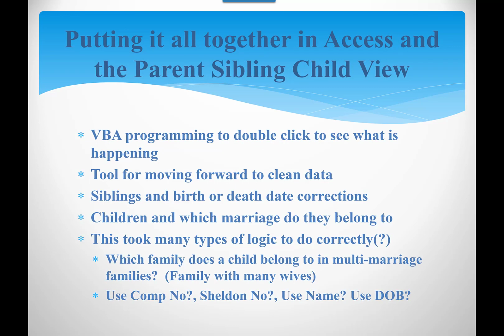Now, Access allows building forms showing a married couple and their children on a single screen. I could discover and fix many of those mistyped Sheldon numbers or computer numbers by sorting by date of birth of the children, and multiple spouses' children could be resolved by creating forms that fit together.